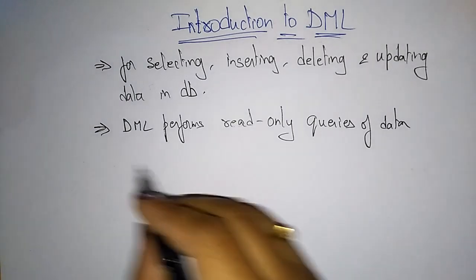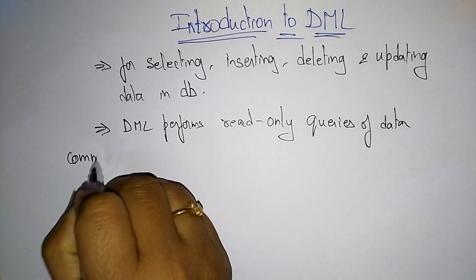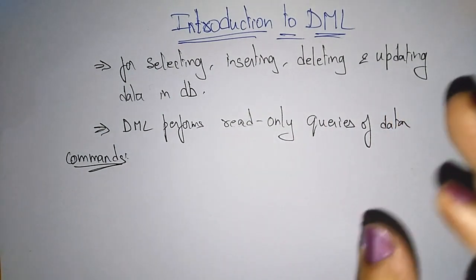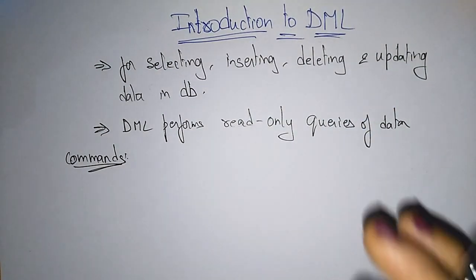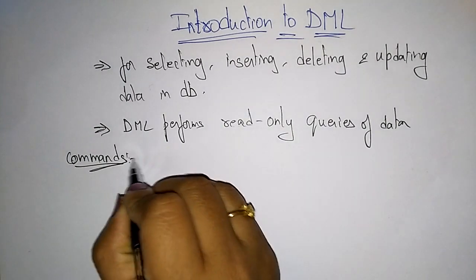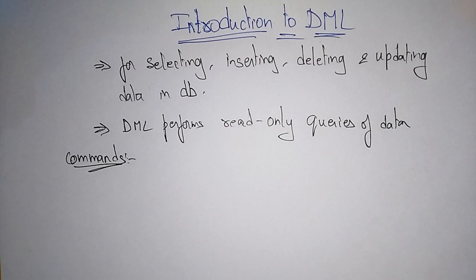Let us see what the different commands used in the data manipulation language are. One thing you have to remember: for manipulation language, we use select, insert, update and delete. Whenever you are asked which type of language create is, you have to say it is a data definition language.